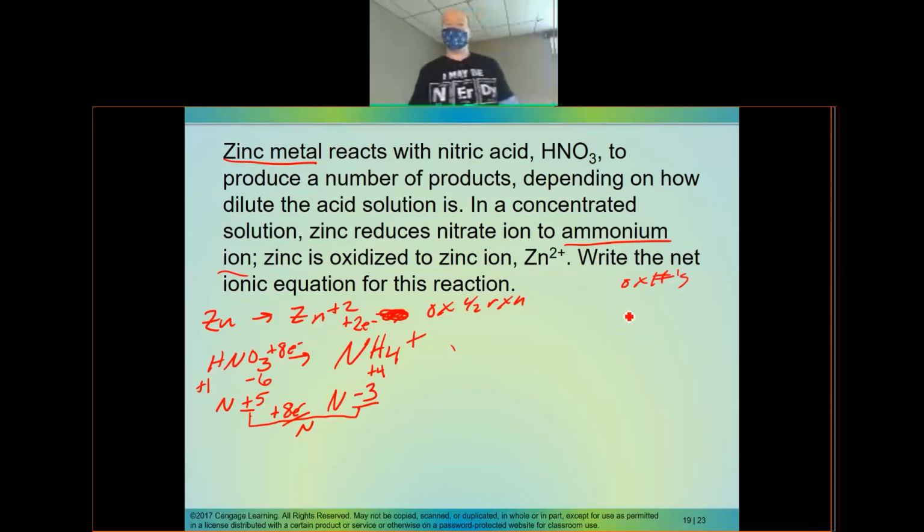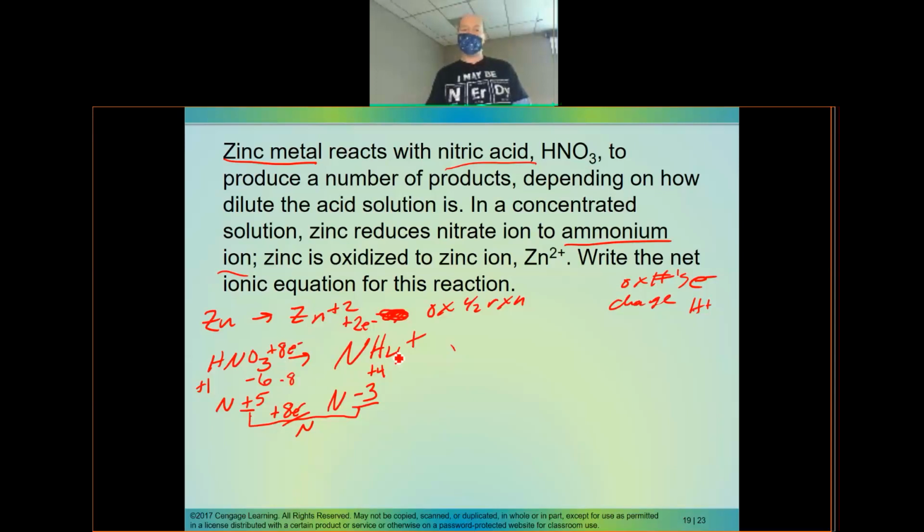All right, so then with electrons. Now we're going to balance charge. And so of course, if we're in nitric acid, we are in acid. And so we're going to use H plus to balance our charge. So on the left, HNO3 is neutral, and we have 8 electrons. So we have minus 8 on this side.